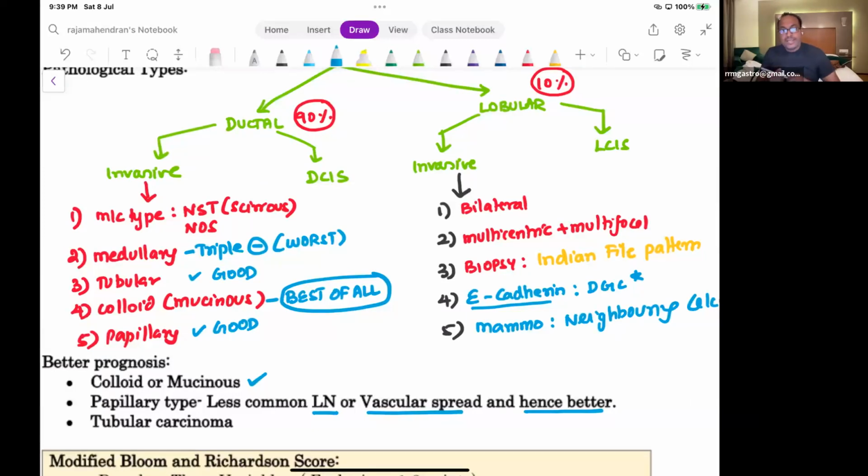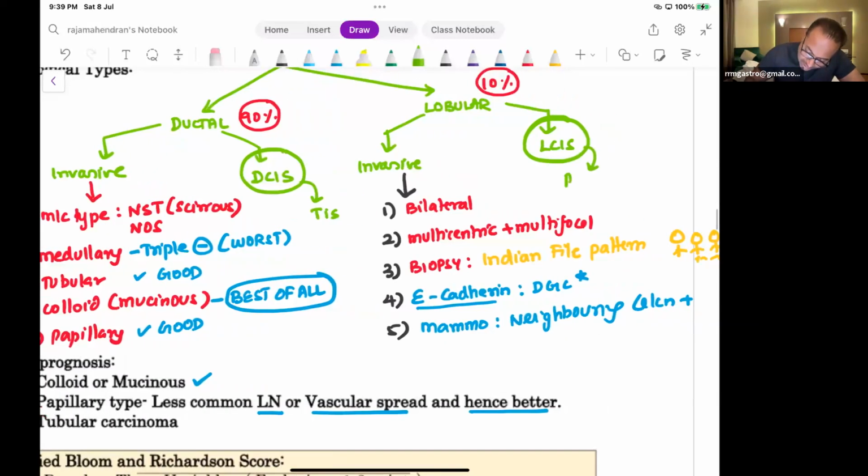So please don't forget these basic points about lobular invasive and ductal invasive cancer. Ductal cancer in situ and lobular cancer in situ are not discussed in New Bailey. But anyhow, remember ductal cancer in situ is a tumor in situ. Lobular cancer in situ is not a tumor in situ. It is only a physiological precursor.